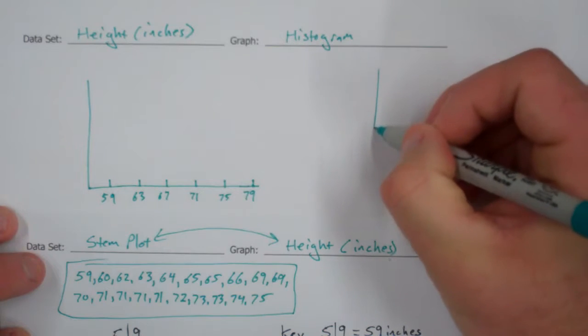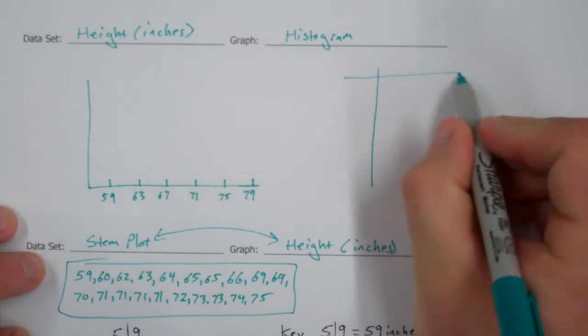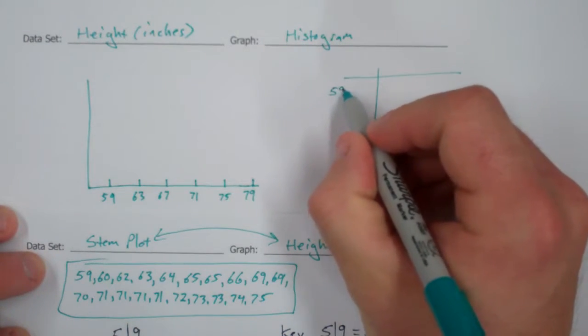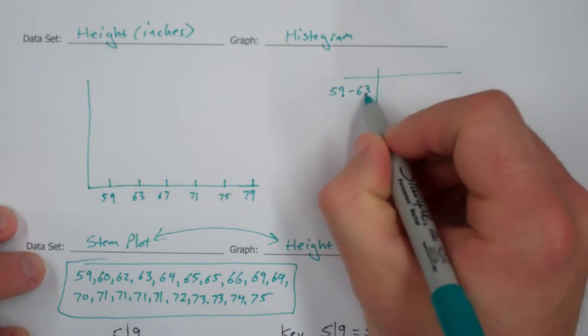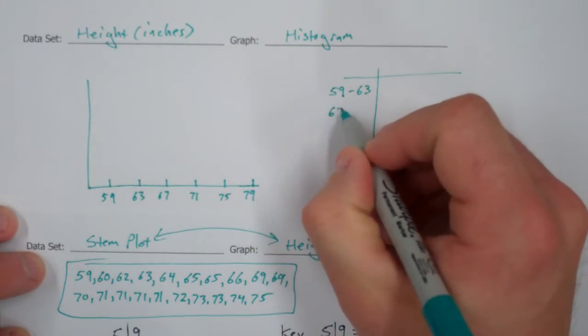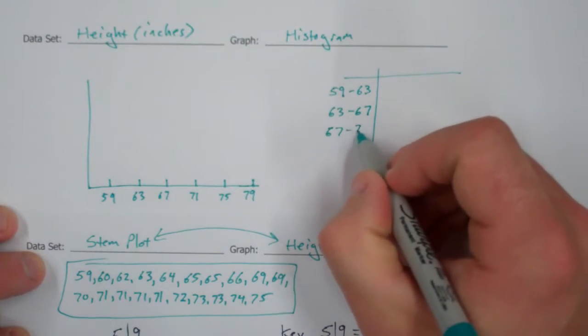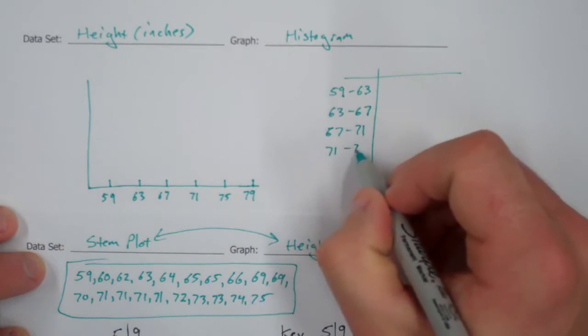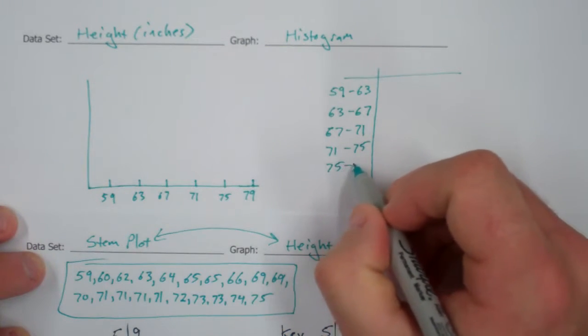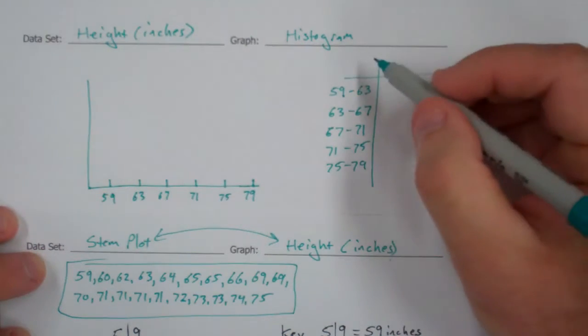So I'm going to make a frequency chart here, and we're going to go from 59 to 63, but not including 63, and then the next one will be 63 to 67, 67 to 71, 71 to 75, and then 75 to 79.